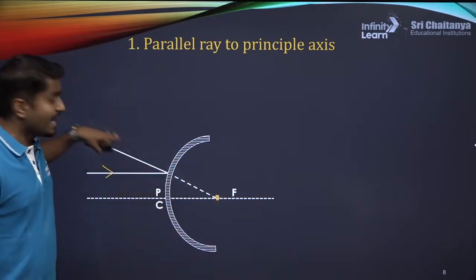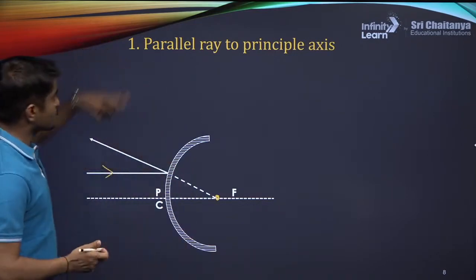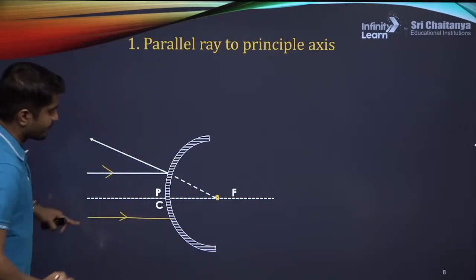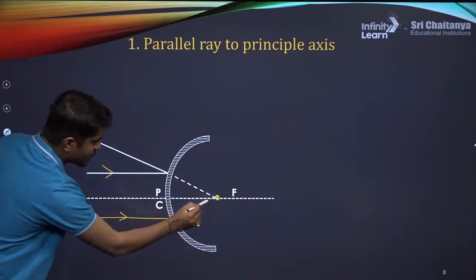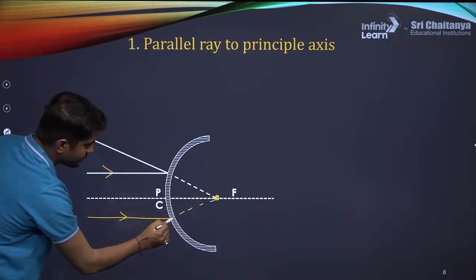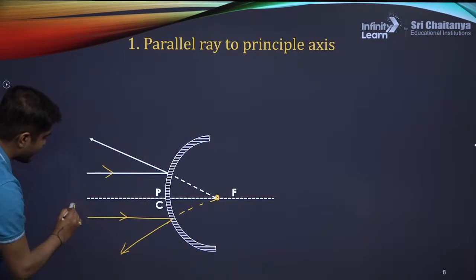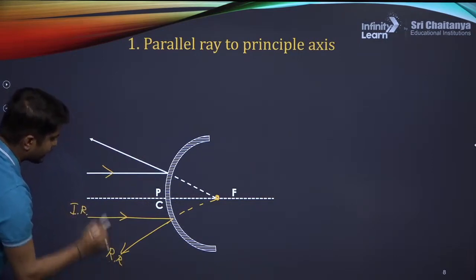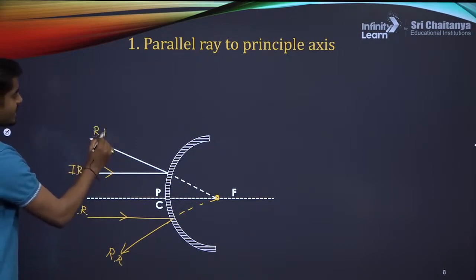When this ray appears to diverge from the focus, this is how it should look. It can be coming from any direction. Let's suppose there is another ray parallel to the principal axis. Again it will diverge, something like this. There is an incident ray and there is a reflected ray. Similarly here, this one is the incident ray, there is a reflected ray.